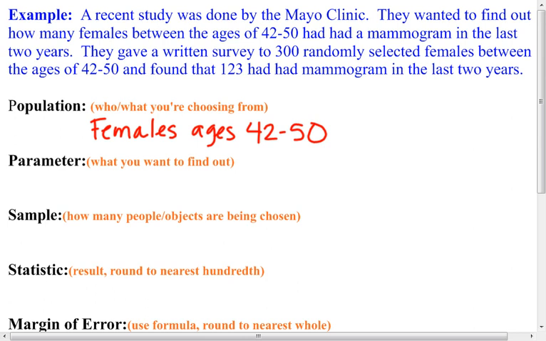The parameter is, what are you going to find out about them? And I want to find out what percent of females had a mammogram in the last 2 years.